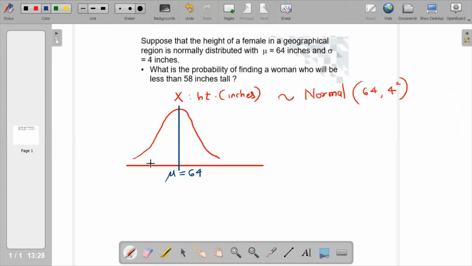If you try to position 58, it will be in this way, and hence your required probability will be this area under the curve. Now, in mathematics if we require to find area under the curve, usually we find it with integration. So we could have done it in this way, -infinity to 58. Basically, what we actually require over here is probability that x is less than 58. Fine.